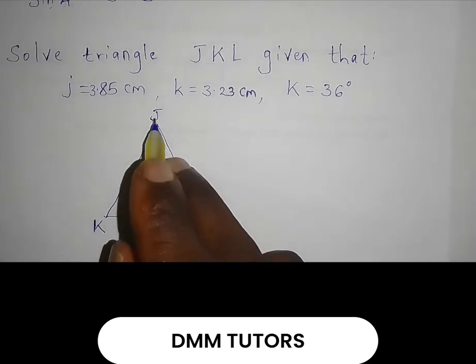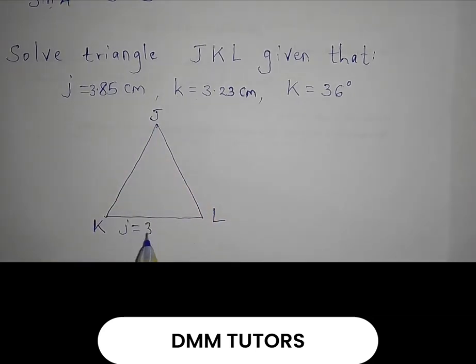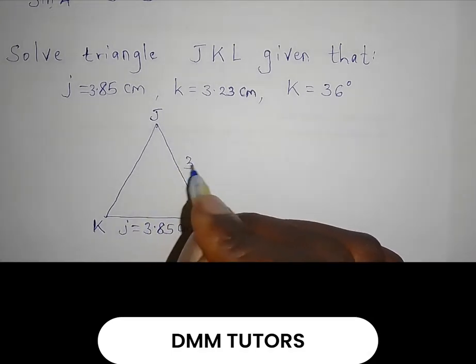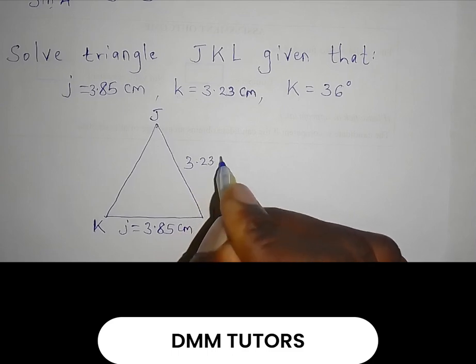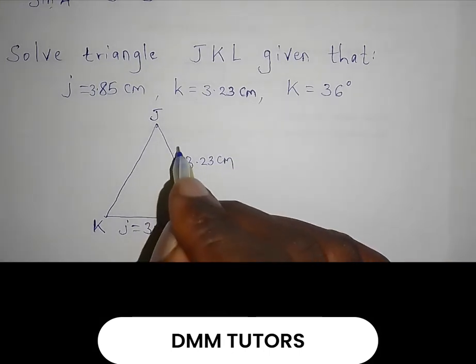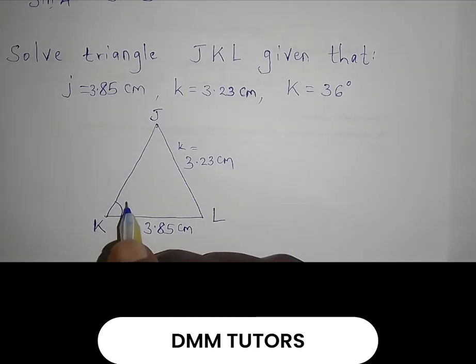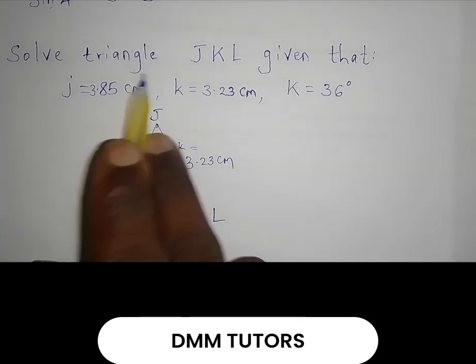So we have the triangle JKL, and the side J is 3.85 centimeters, and the side K is 3.23, and the angle subtended by this side K is 36. So then you are asked to solve the triangle.